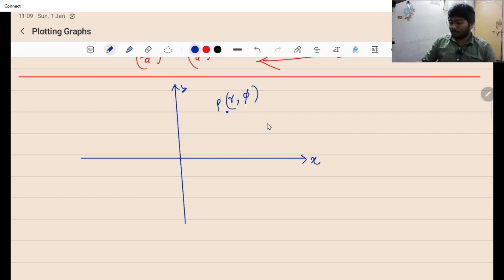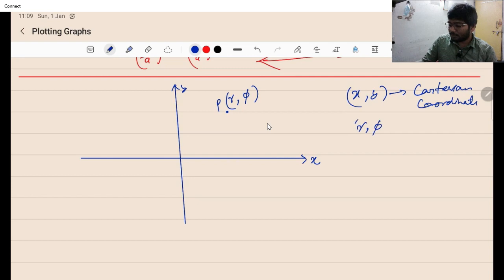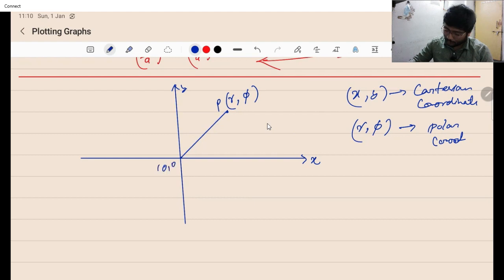So (x, y) is a Cartesian coordinate system, and (r, phi) is a polar coordinate system, where r is the radial length from (0, 0), the origin.